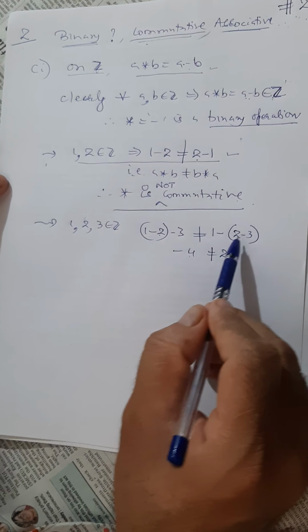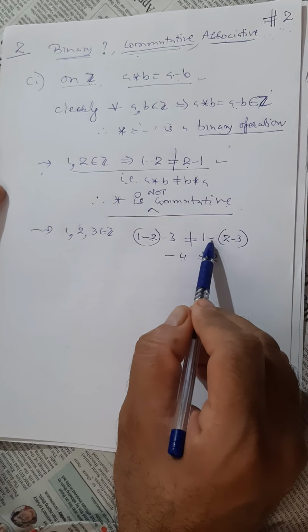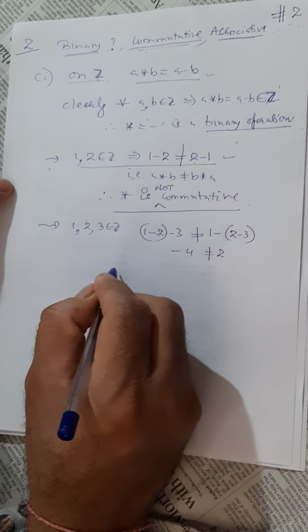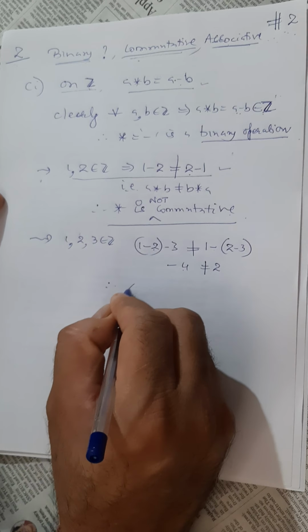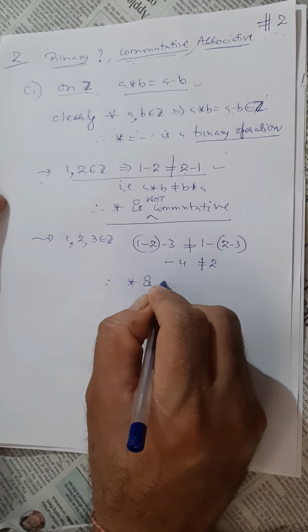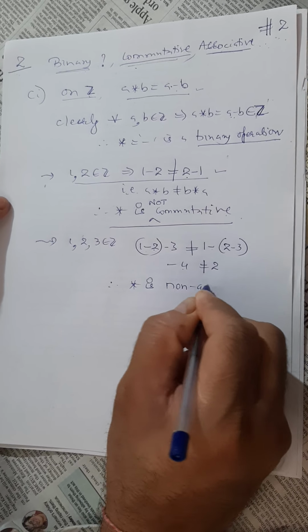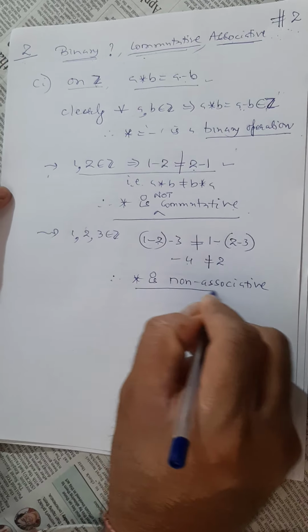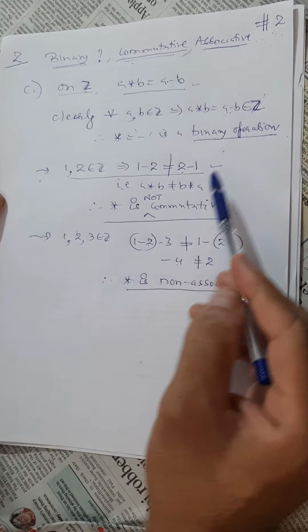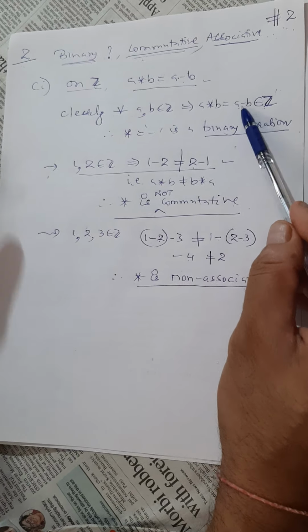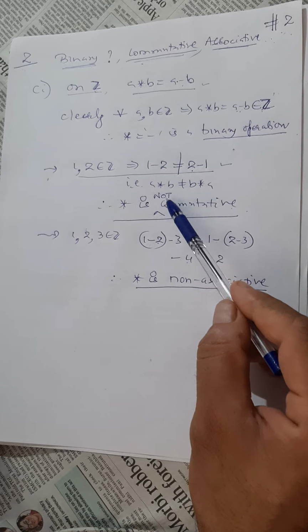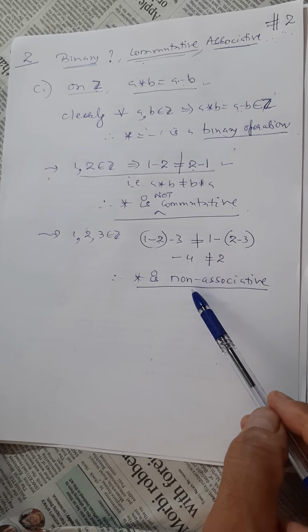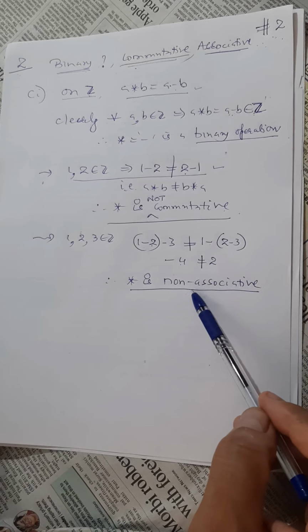So therefore star is non-associative, not associative. This is a very standard operation, so by just observing it, you can say that it is non-commutative and non-associative.